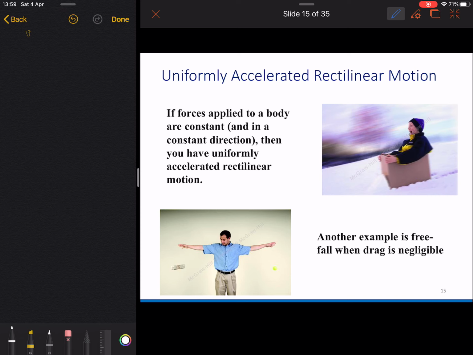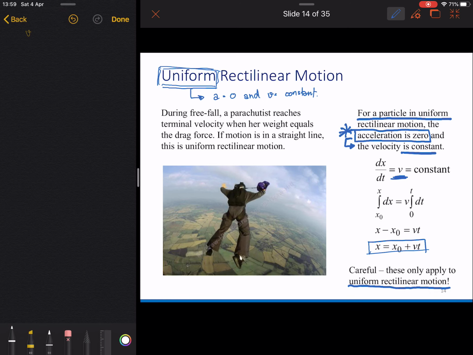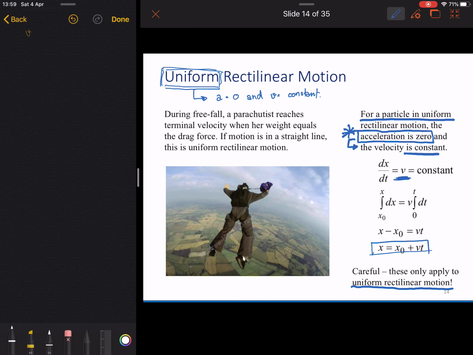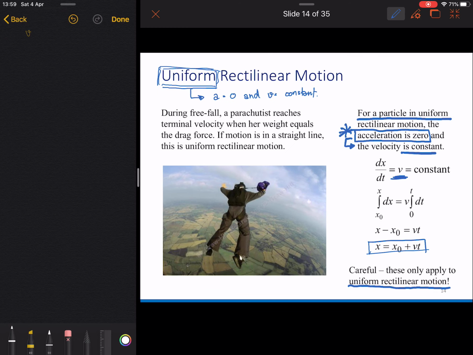So, oh, I forgot one thing. What is the example of uniform rectilinear motions? Is it a free fall from a parachute? Yes. This only happens when you are free falling and then you reach the terminal velocity, which means your air resistance and gravity force are canceling each other, so there is no acceleration anymore.